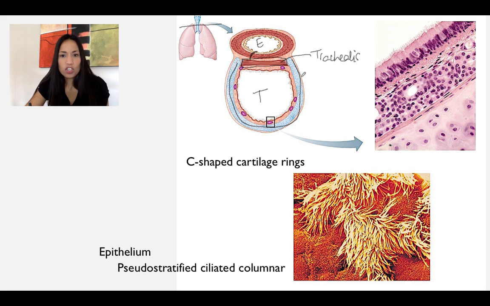So it's C-shaped again. This is the anterior aspect. This is the posterior aspect. So you can see it is open posteriorly. We just have the two lateral sides and the anterior aspect of the cartilage ring. And right then you have the subcutaneous tissue and the skin. So you can actually feel all the rings of the trachea. It kind of bothers a little bit, but you can feel it in there.